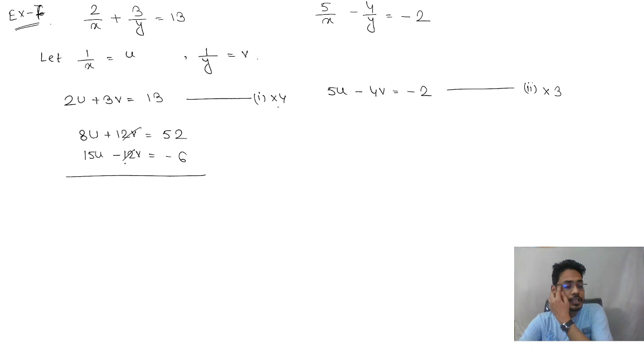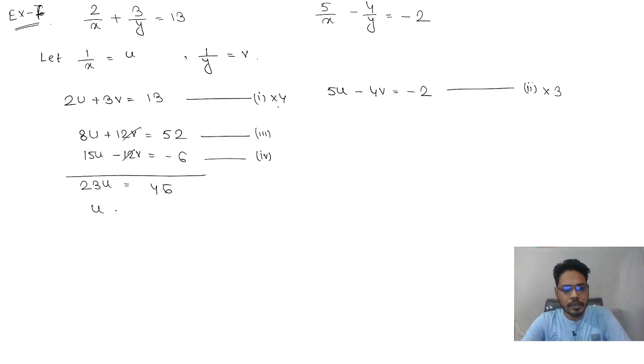That should be equation number 3 and equation number 4. If you add both of these, you will get 23u will be equals to 46. Now u will be 46 by 23, that means 2.